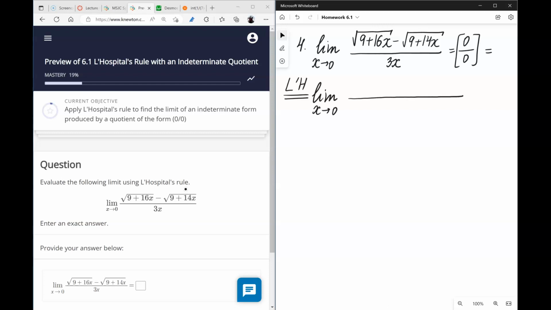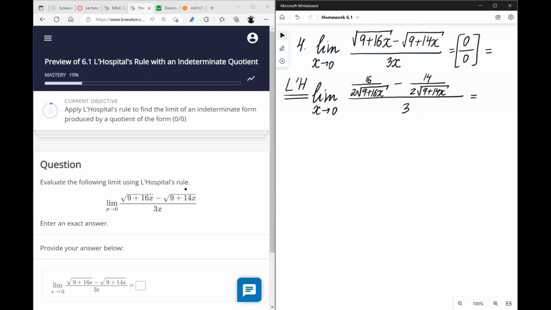So the derivative of the denominator is 3. And the derivative of the numerator is 1 over 2 square root of 9 plus 16x times 16 minus 1 over 2 square root of 9 plus 14x times 14.